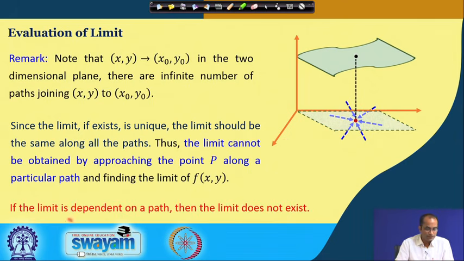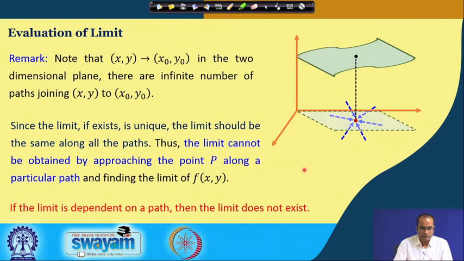However, if the limit is dependent on the path, so if we find along two different paths that the limit is different, then at least we can conclude that the limit does not exist. But getting the limit along two or many different paths, though the limit may be the same, we cannot conclude that that particular number is the limit, because there may be some other path where the limit may be different.